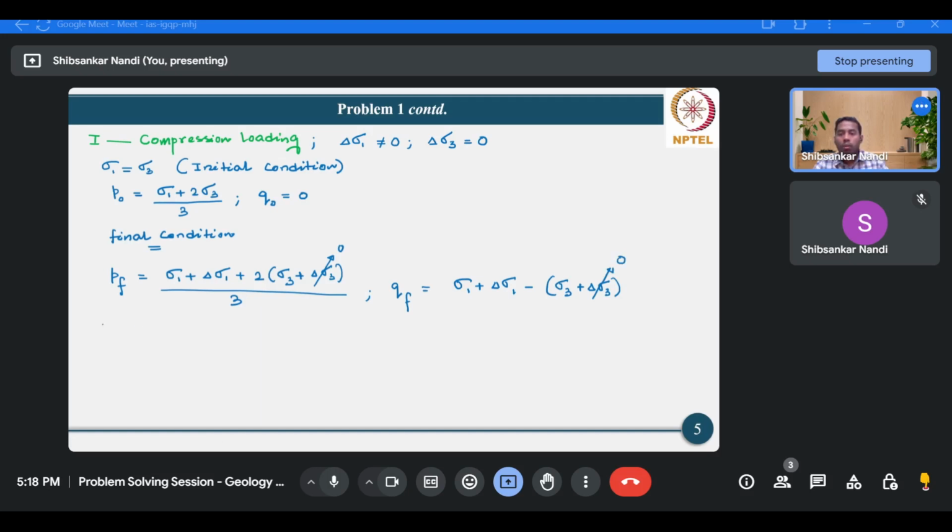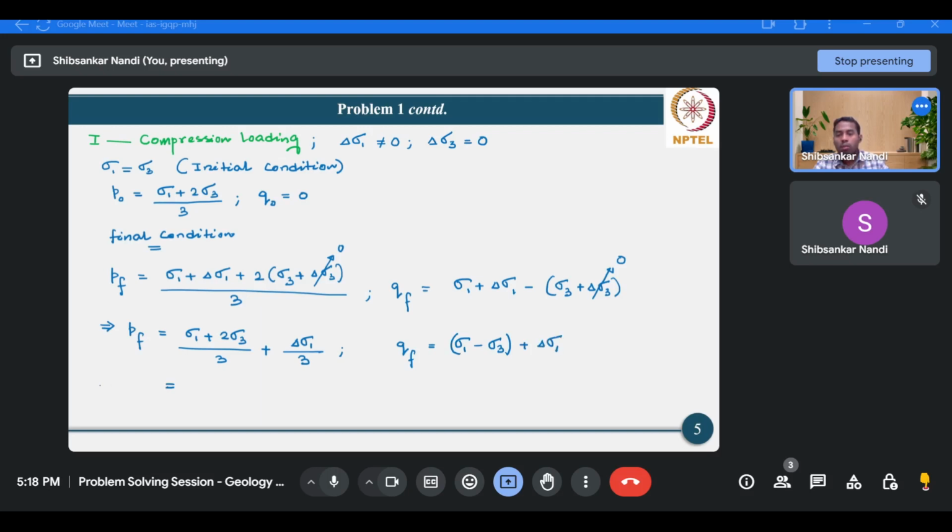So therefore you can write PF as sigma 1 plus 2 sigma 3 by 3 plus delta sigma 1 by 3. Okay, and QA is sigma 1 minus sigma 3 plus delta sigma 1.